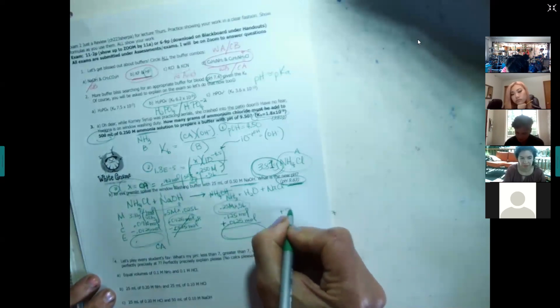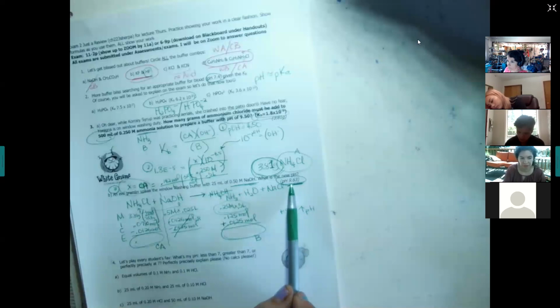9.63. And then you will be asked the question, does your answer make sense? So we added a strong base, the pH increases. pH was here, it was 9.5, it's now 9.63. If it did not go up, go back and see, did you subtract, did you add?